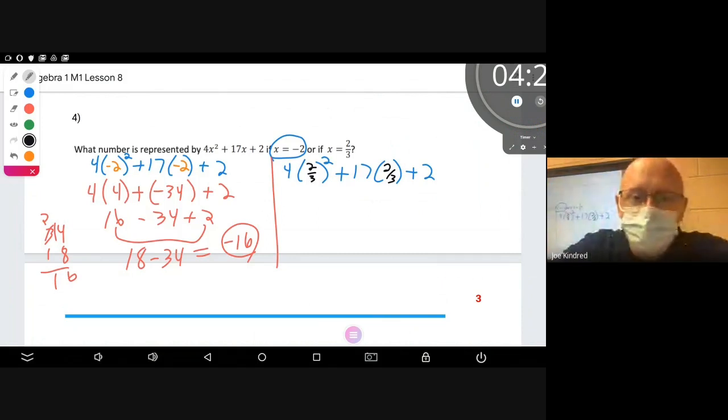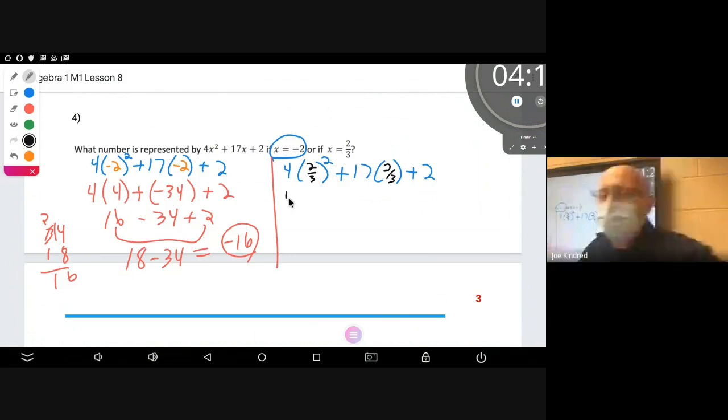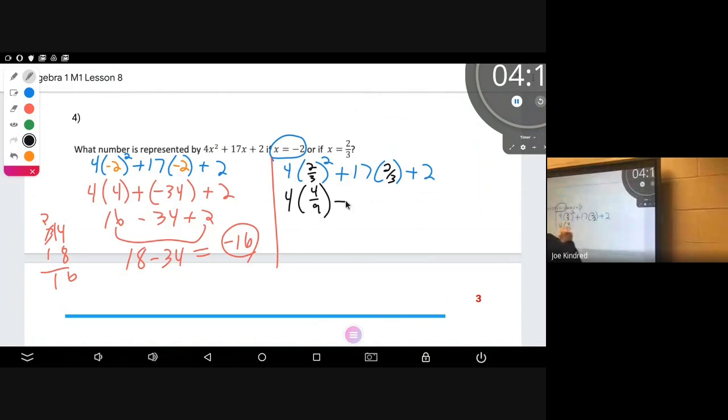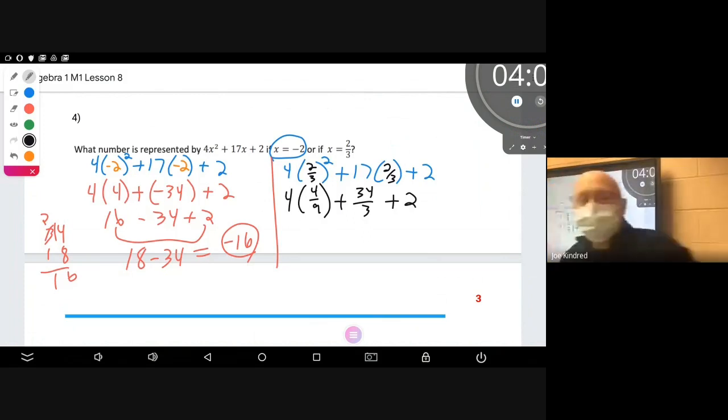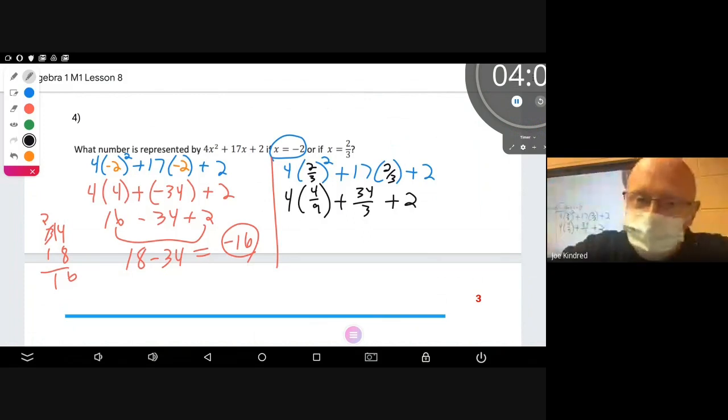So 2/3 squared is 4/9 plus 17 times 2/3 is 17 times 2, which is 34/3. And you can see that now we're getting sort of exhaustive of your ability to work with fractions. So now we're working with fractions, remembering those rules that we learned a long time ago. Don't rely on the calculator so much, but here we go.